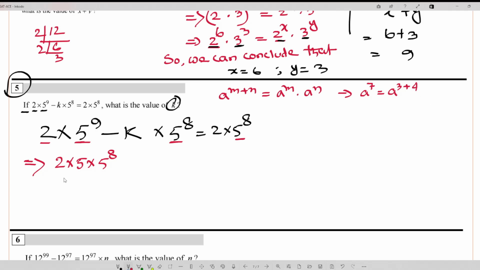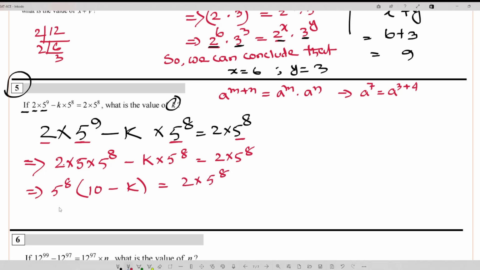Similarly, here is 5 to the power 9, it means 5 times 5 to the power 8, minus k times 5 to the power 8, equals 2 times 5 to the power 8. So we can take common 5 to the power 8. So here is 2 times 5, means 10, minus k equals what? Here is 2 times 5 to the power 8.